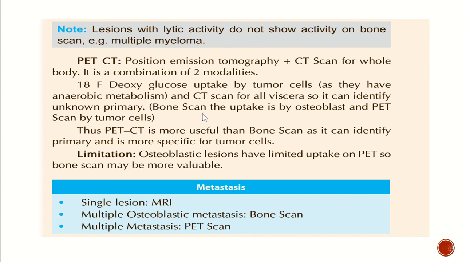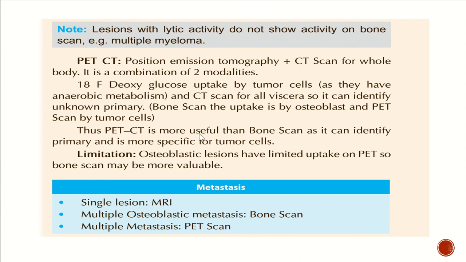What we discussed was that in bone scan, the uptake is by osteoblasts, and in PET scan, it is by tumor cells. This is an important point.